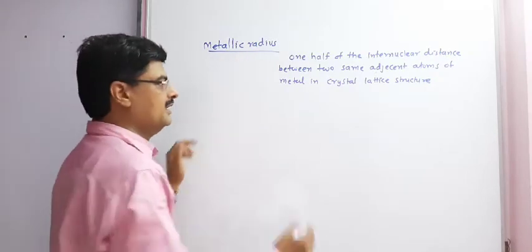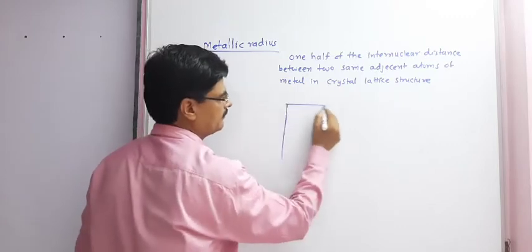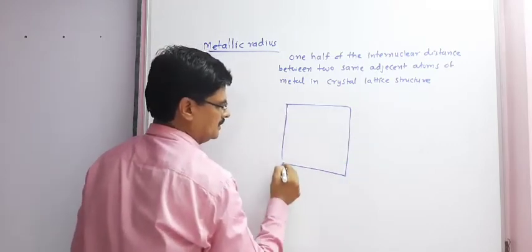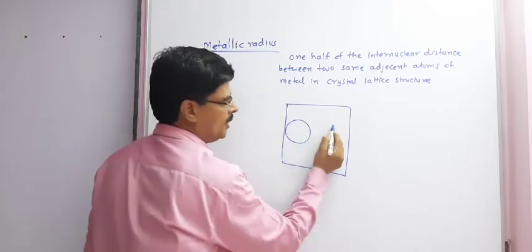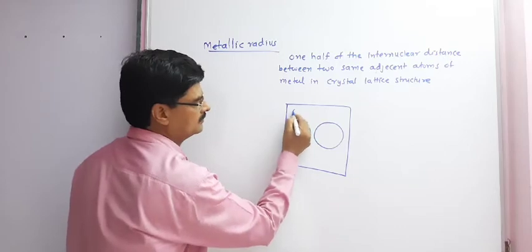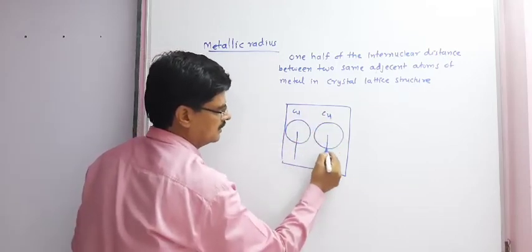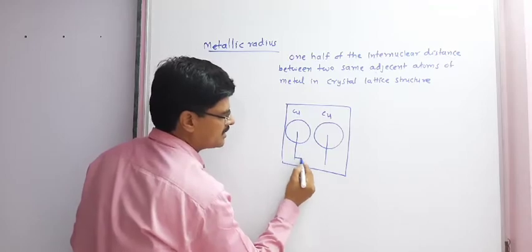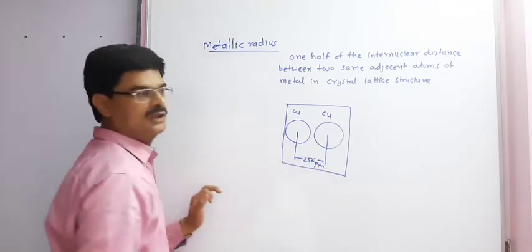Taking example of copper, atom 1 of copper and adjacent atom copper 2. Internuclear distance is 256 picometer.